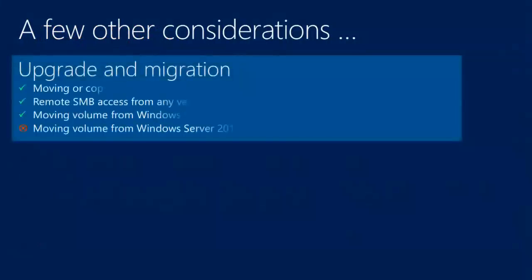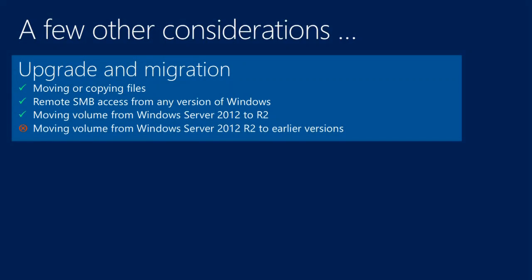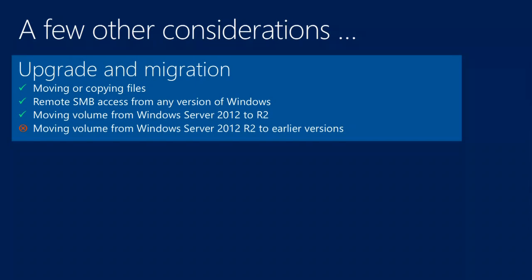So a few other considerations. Upgrade and migration. So moving or copying files, no problem. We take the data out of the chunk store, and when you ask to move a file or copy a file, we give you back the file in the same way that it was written or copied in originally.